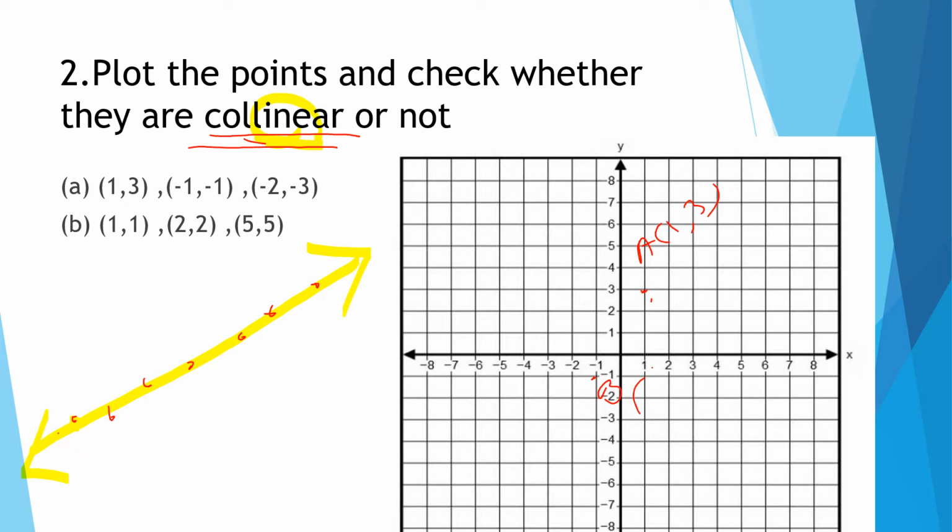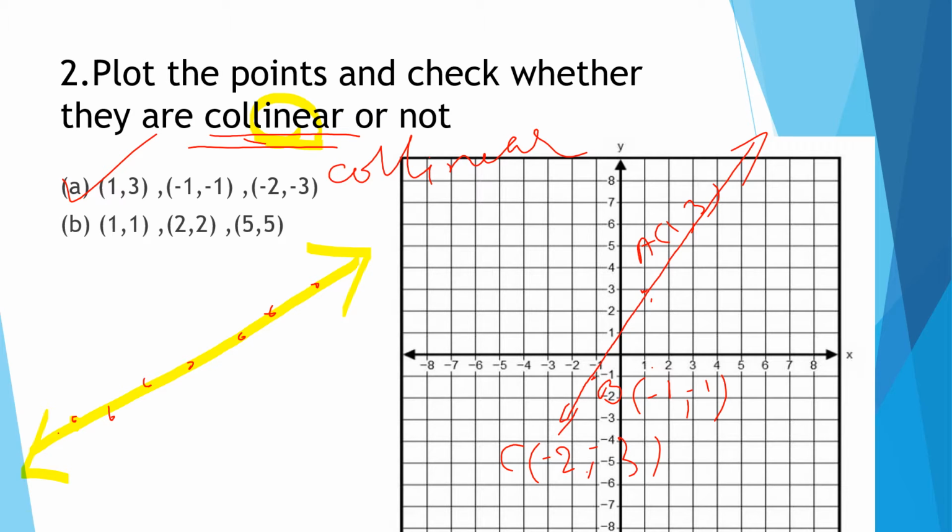Mark it as point B, and C(-2, -3), which definitely lies in the third quadrant. If you join all the 3 points, yes, clearly they lie on the same straight line. Hence, the first set of points is collinear.